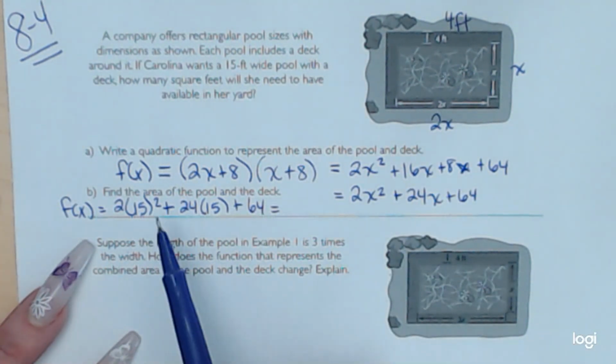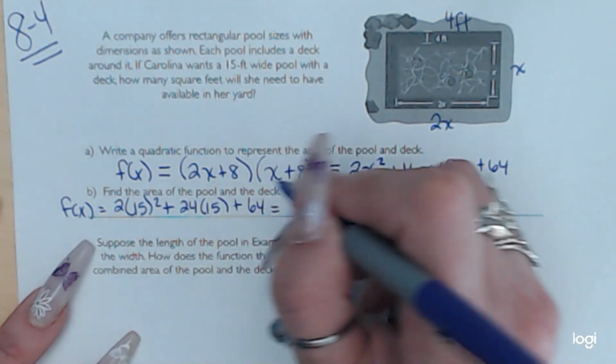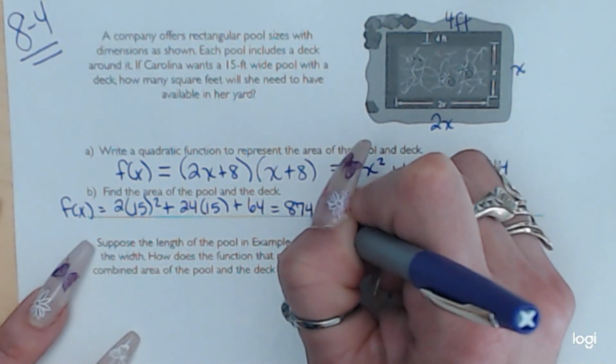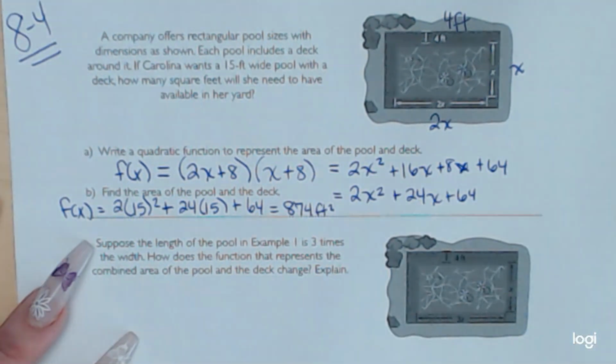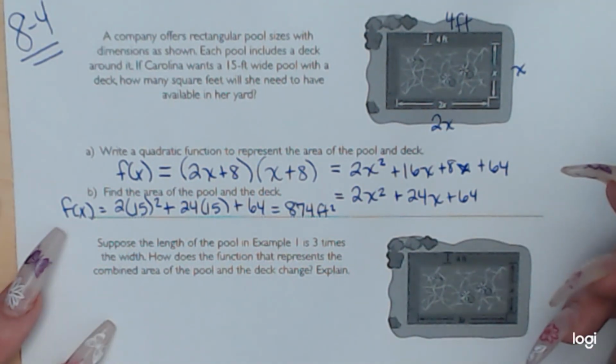Now we just evaluate this, and when we multiply everything out and add, we get 874 feet squared. So Carolina needs 874 feet squared to build a 15-foot wide pool with a deck.